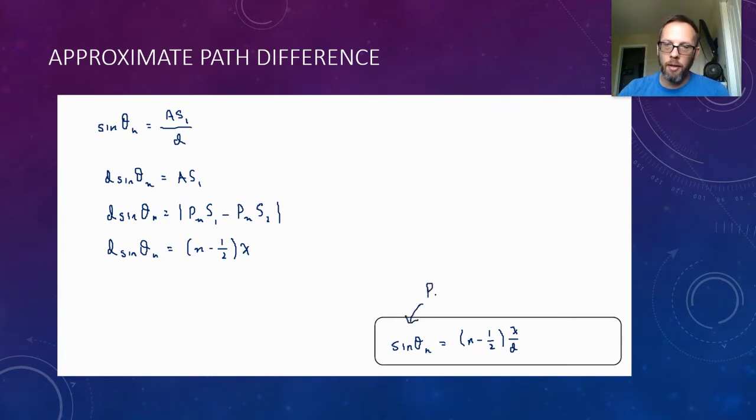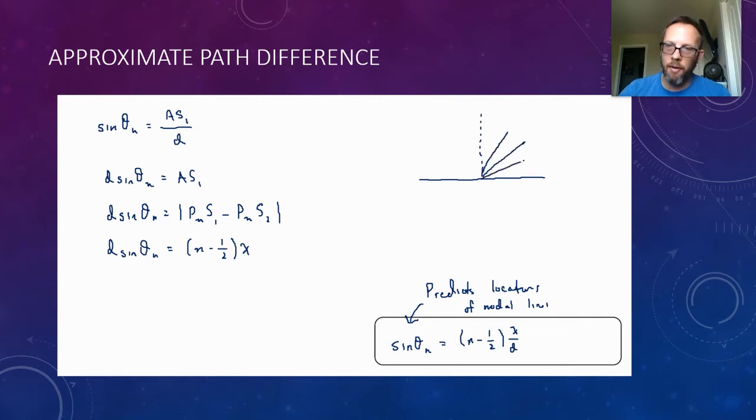So this formula predicts the locations of the nodal lines. And you know what? I think since we have space here, so we know the nodal lines kind of come off like that, right? So this equation helps you predict those.